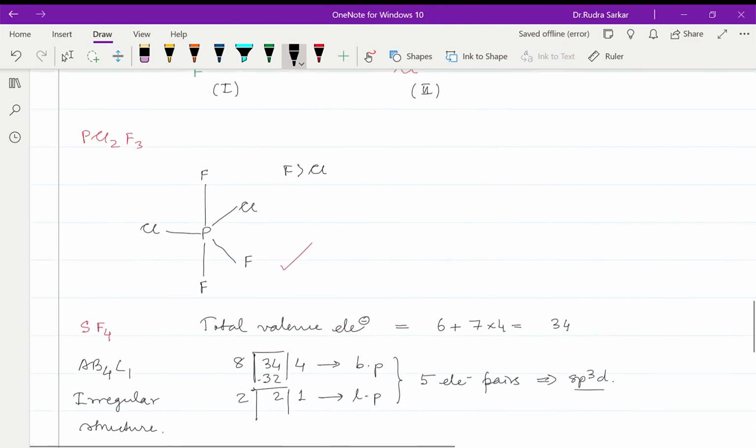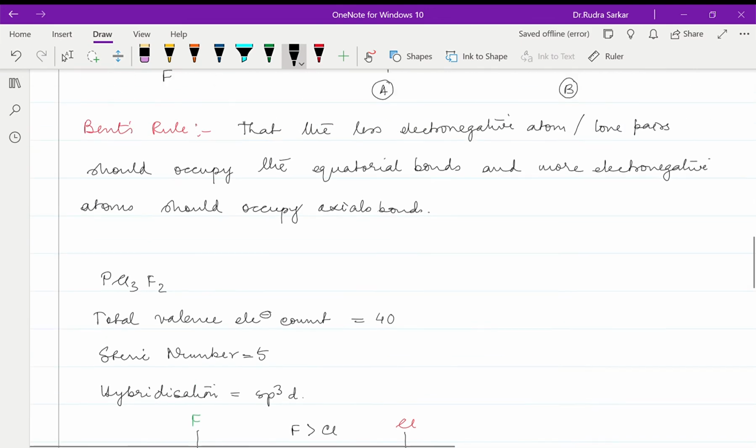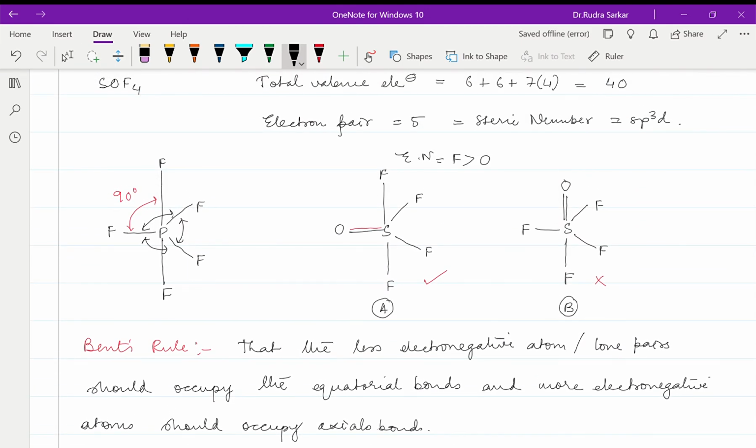However, if you compare this structure with a molecule such as SOF4, we will say this is trigonal bipyramidal.